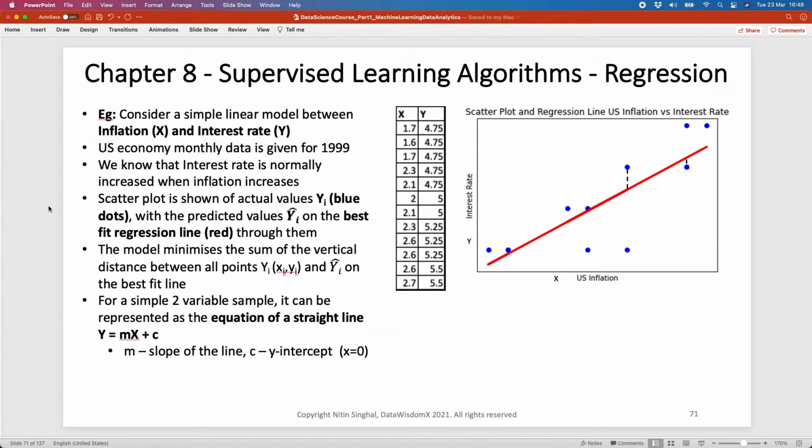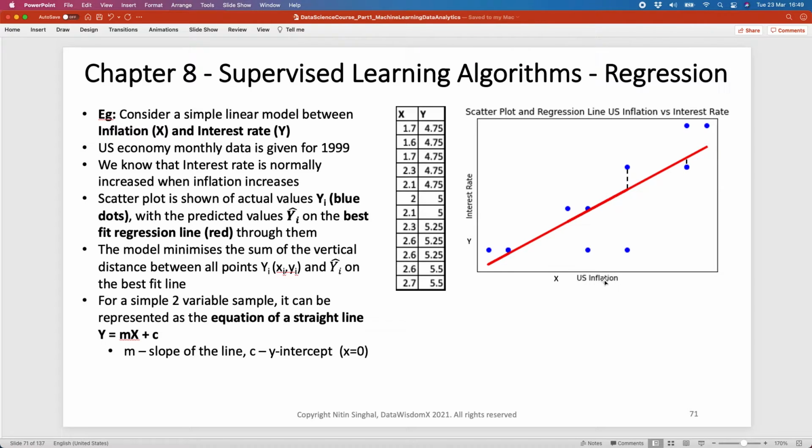So continuing with this regression lecture, this is the same example we used in the statistics lecture. As you can see, you've got a data set here of inflation and interest rates for one year for the US economy, and you're just trying to plot that data. You're trying to predict the interest rates using the inflation, right?